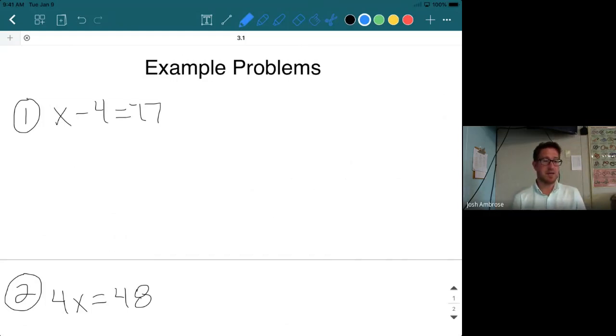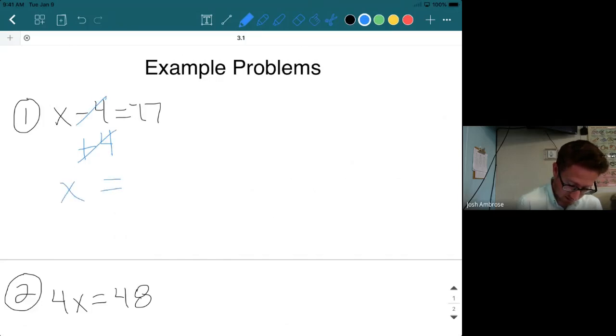Okay, we're given x minus 4 equals a negative 17. So they give you minus 4. So you will do plus 4 to cross that out, isolating the x, adding 4 on that side.